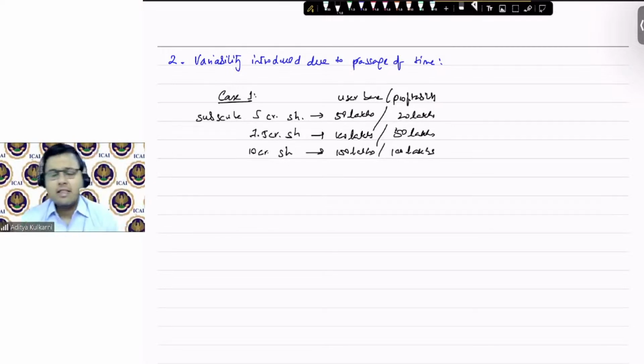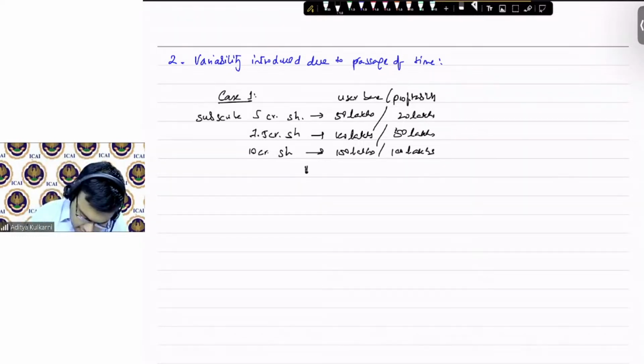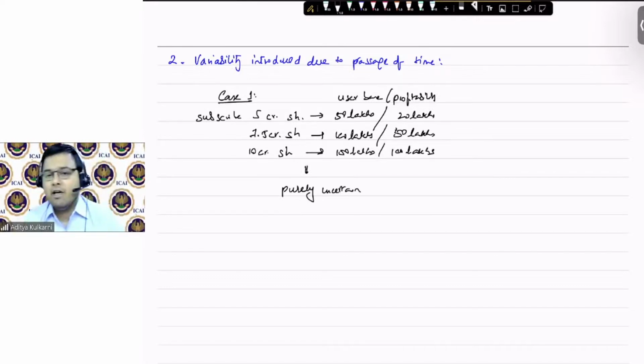So these are the various uncertainties which are there. Now these are purely uncertain.